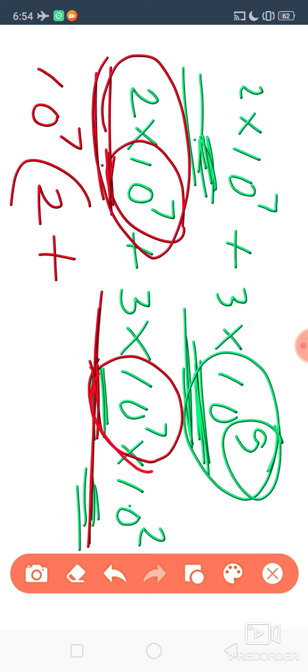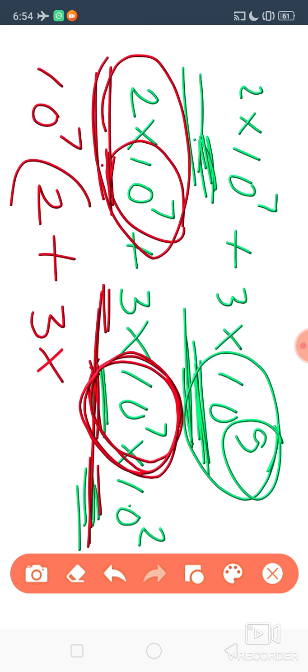Then here 10 to the power 7 is multiplied with what? 10 to the power 7 is multiplied with 10 to the power 2 also and with 3 also. So we'll write 3 into 10 to the power 2. Now overall what we'll get?